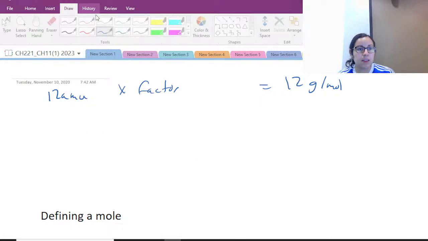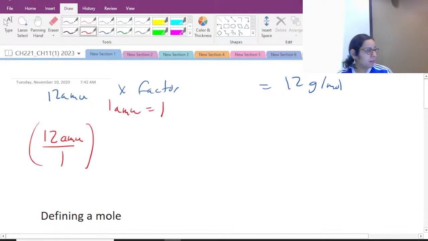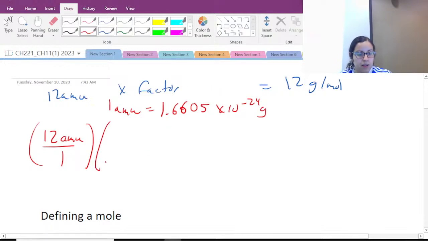So then we can say 12 AMUs, and then we need to convert to grams. And 1 AMU is 1.66, and I'm going to round, but I probably shouldn't round, times 10 to the negative 24 grams.